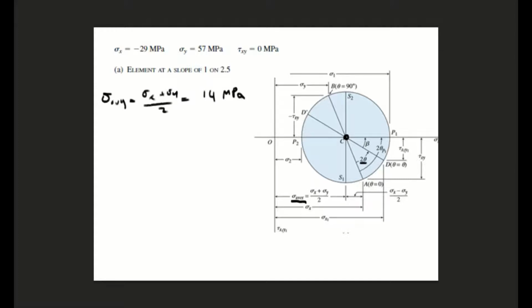From there, we're trying to find the radius of this circle. The radius is the square root of (sigma x plus sigma y over 2, squared) plus our shear squared. Those two added together will give us our radius.